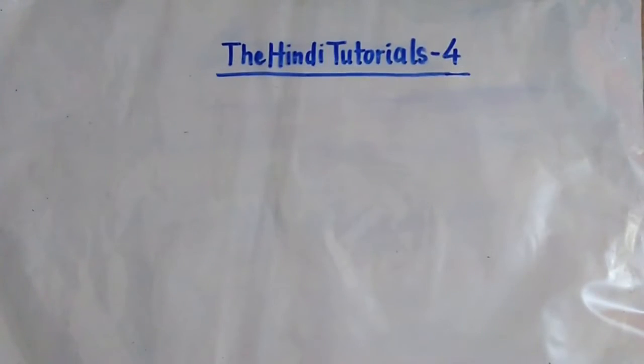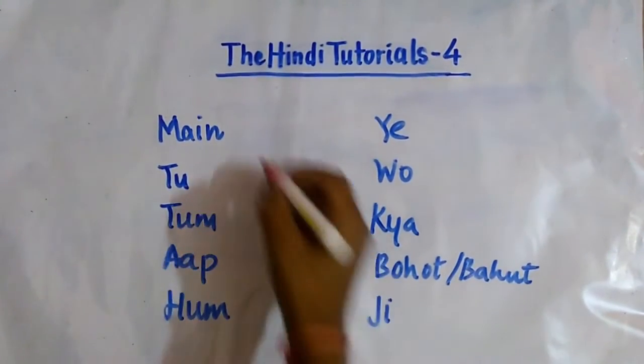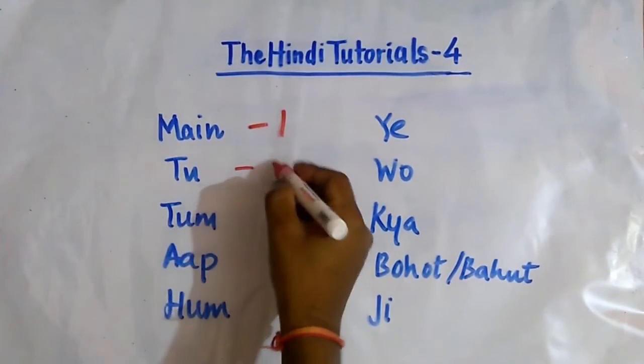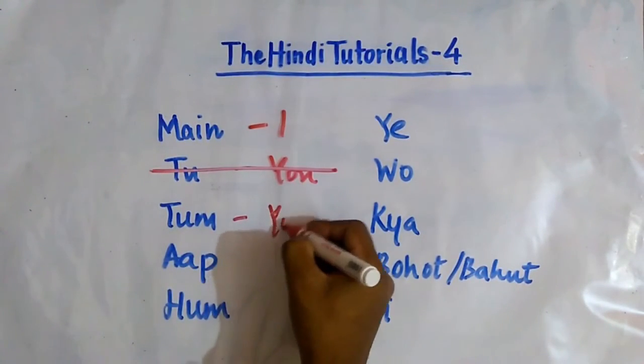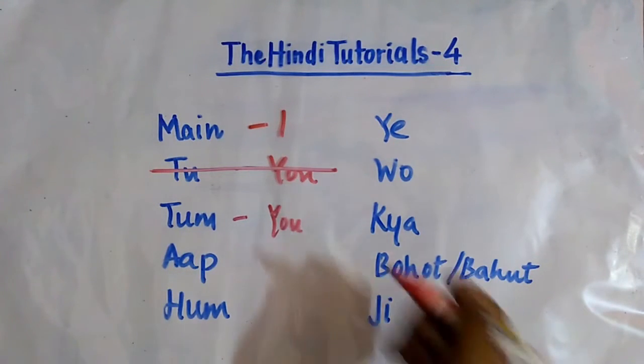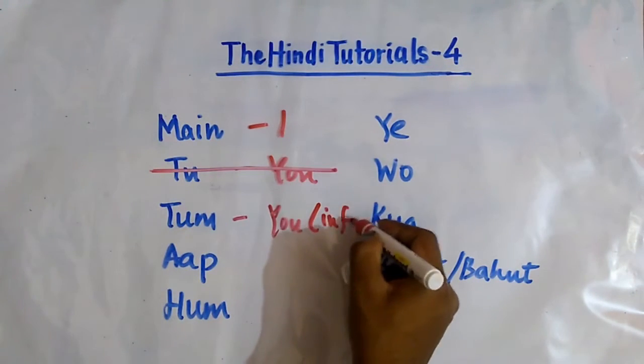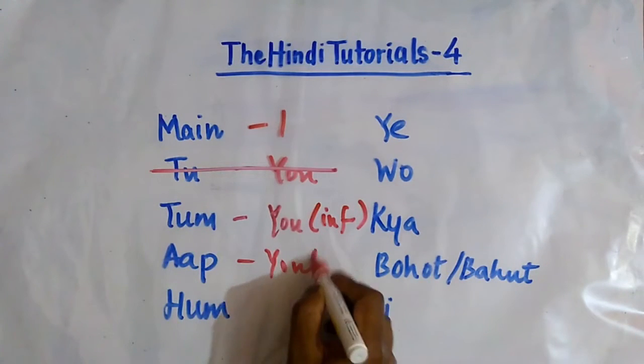So this completes our first lesson, which was about introductory words. Let's have a quick look at what we have learned today. Main is I, very very informal you, which we won't learn. Tum is an informal you that you can use with your friends of similar age group. And aap is you, which is formal.